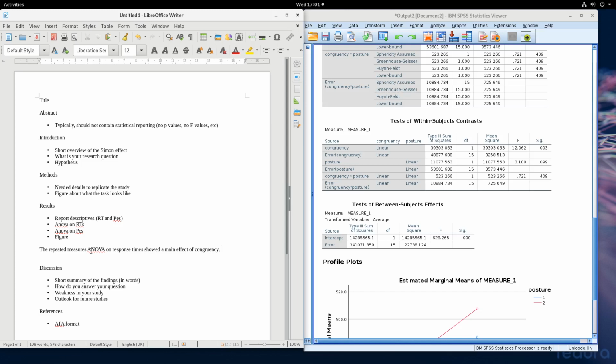And then you can say something like F(1, 15) = 12.062, and that's of course based here on this.